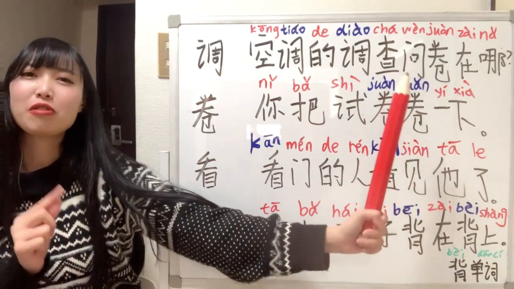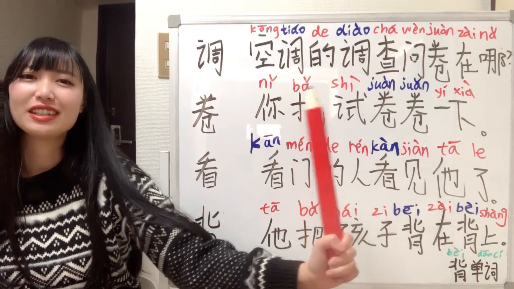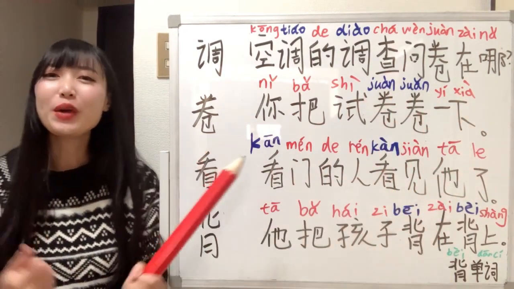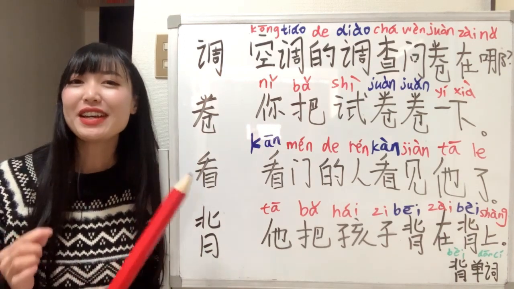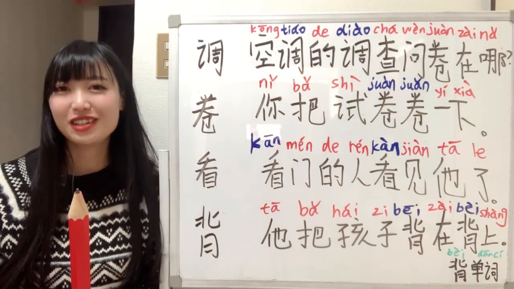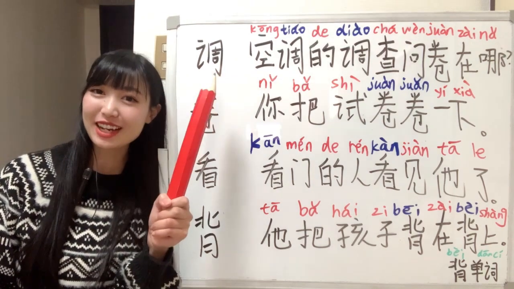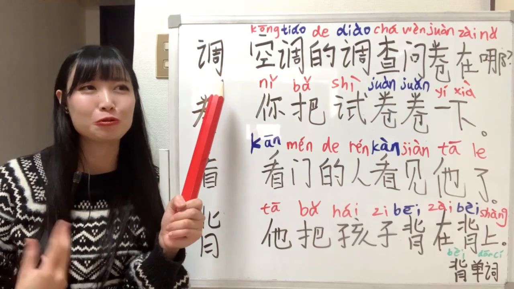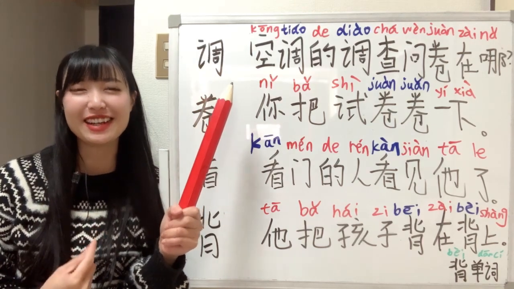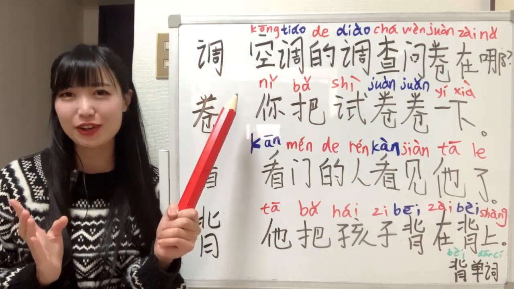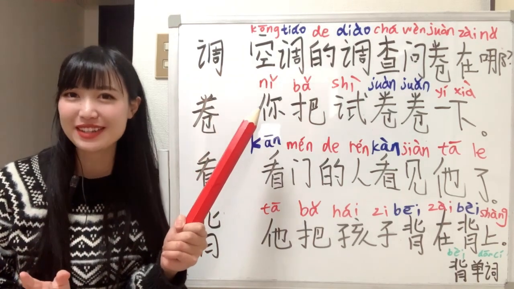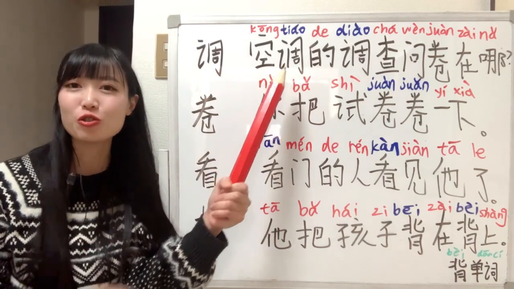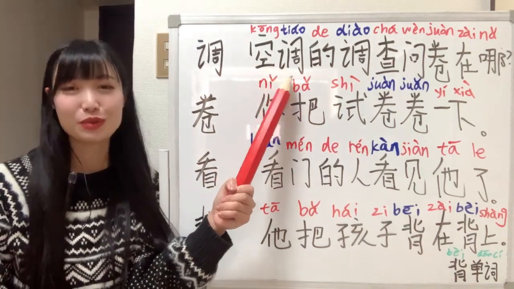So, the questionnaire of the air conditioning, 在哪儿 is where. So where is the questionnaire of the air conditioning? This character is kind of complicated, and there are no rules like 调 is a verb and 调 is a noun. No, it all depends. You have to pay attention to the other character with it.